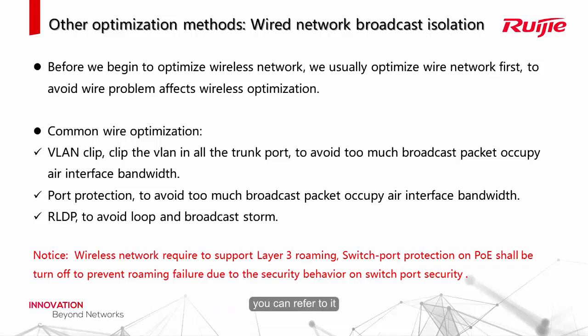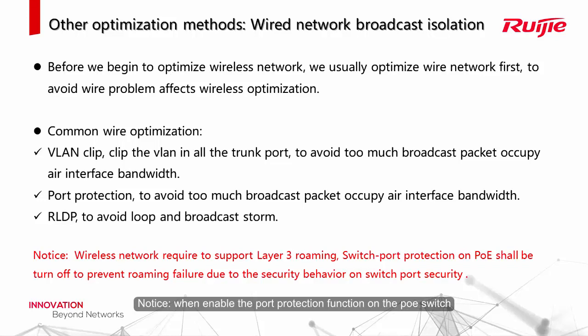You can refer to it. Notice, when enabling the port protection function on the PoE switch, if there is layer 3 roaming in the real environment, we do not suggest enabling this function. Otherwise, the roaming tunnel cannot be built and the user cannot use the roaming function.